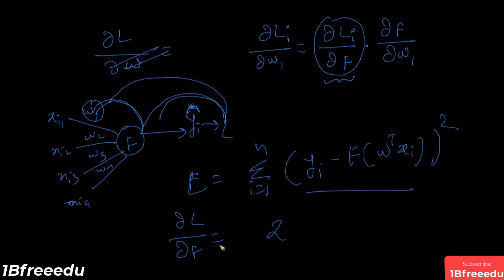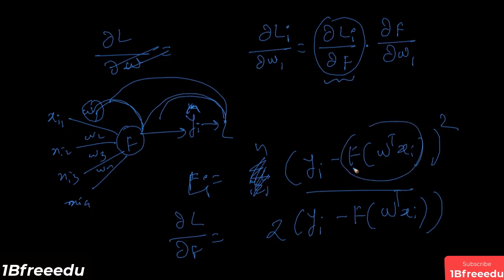So dou Li by dou F is 2 times (yi minus f of w transpose xi). And now we differentiate the inner term also: the derivative of yi will be 0, and for the f term it will be minus 1, because this is f, right?